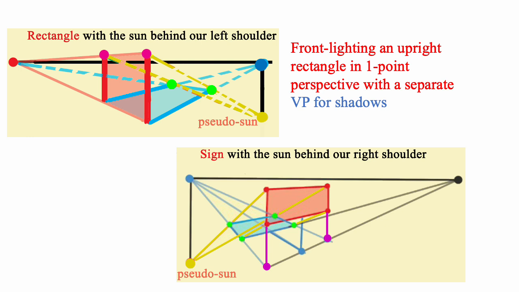To finish up the shadow, find where you want the pseudosun, draw light rays through the tops of the poles, and find where they intersect the shadow lines here and here. In this second case, the rectangle is floating, so you have to create seats, but otherwise it's the same construction.